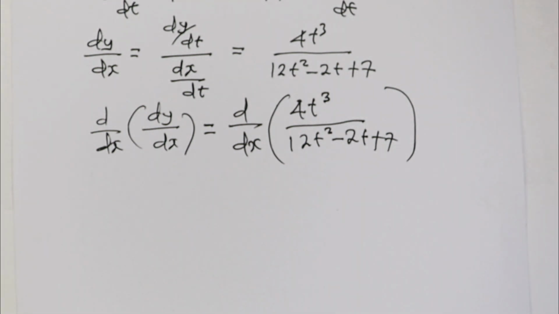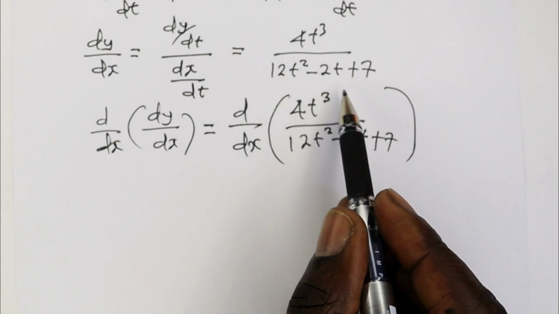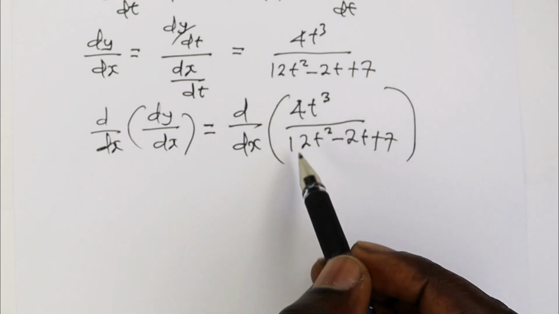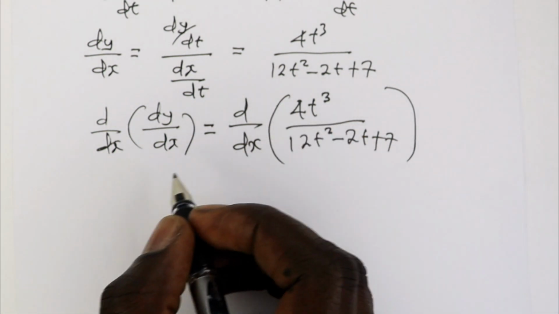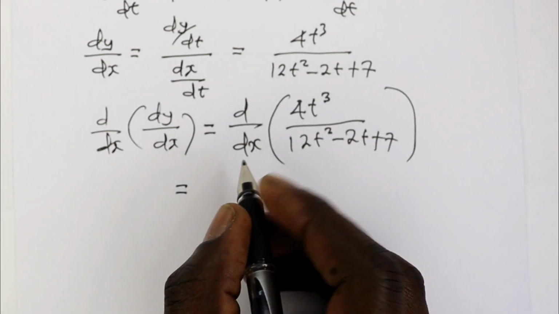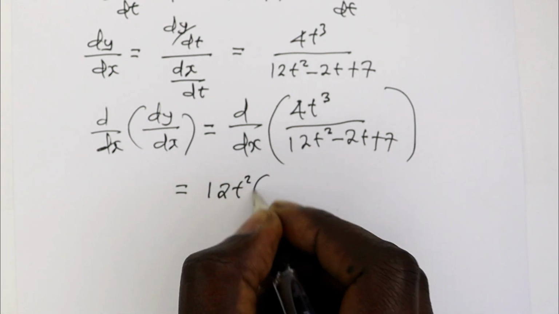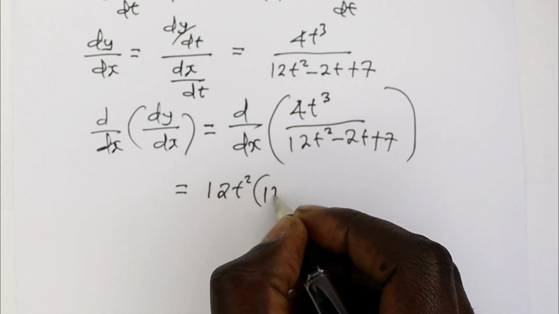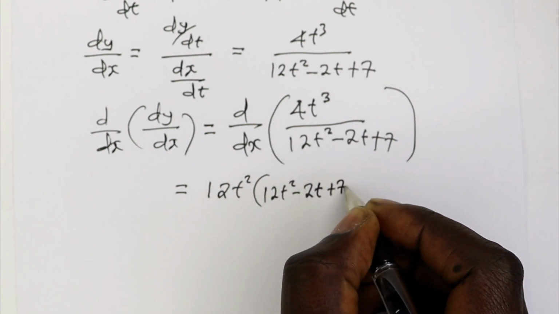So here we are going to use the quotient rule, because it is a fraction between two functions. So we're going to take the derivative of the upper function and multiply by the lower function. So if you get the derivative of this, it will be 12t squared times this function, that is 12t squared minus 2t plus 7.